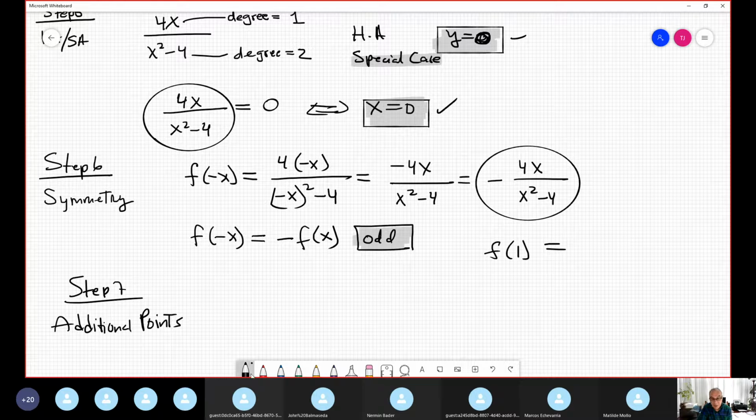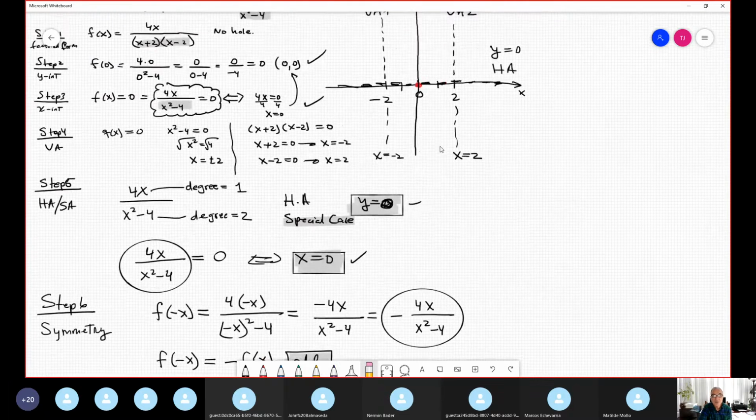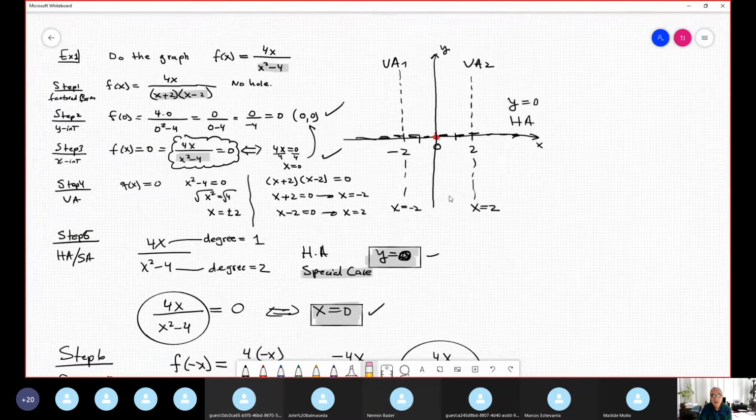What point I select? Well, I have no idea. Let me try to understand this. I come back to this roughly sketch I'm doing before. And on the x-axis, the only partition I have is 2, -2, and 0. So maybe you select 3. Maybe you select 1.